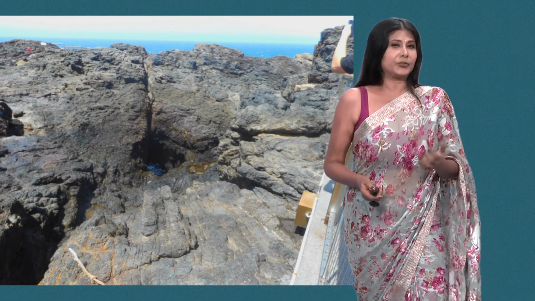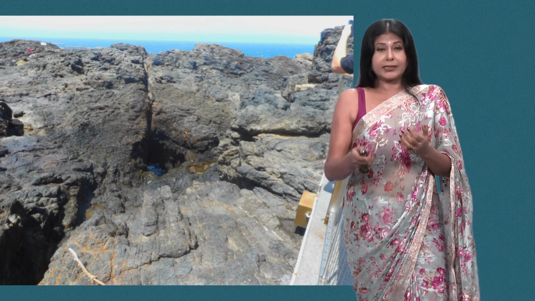This is called a geyser or sea geyser, or it is called a geo in geomorphology. This is a fountain which we find, not everywhere. In the picture, this is from Kiama, which is in Sydney, and I took this picture.